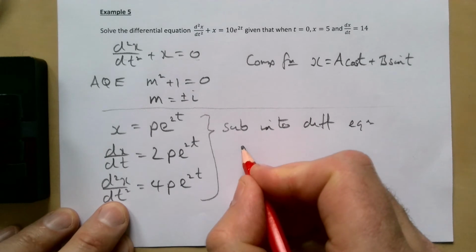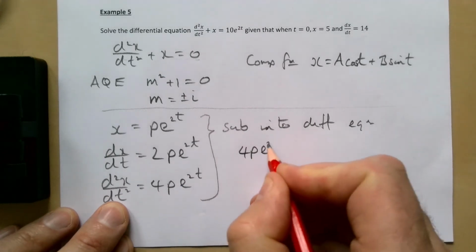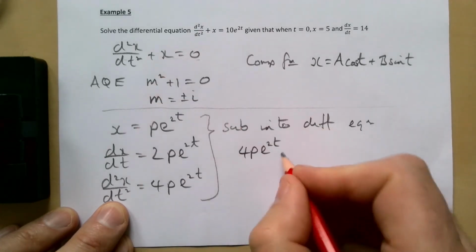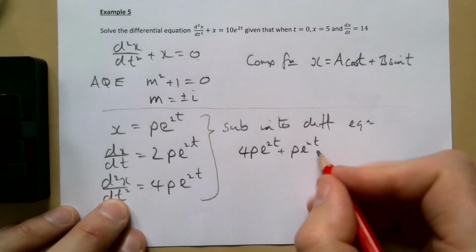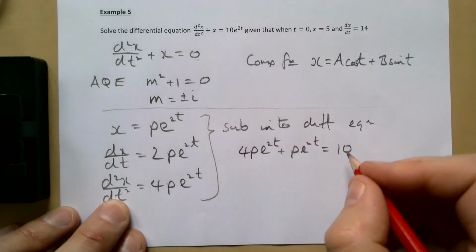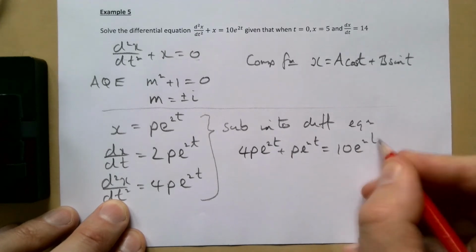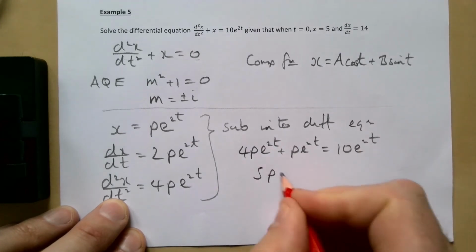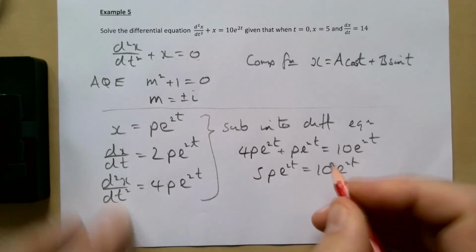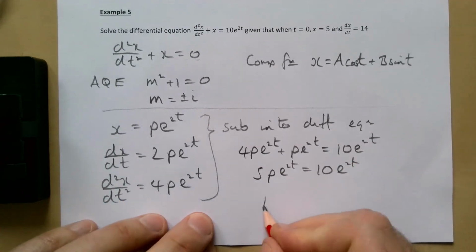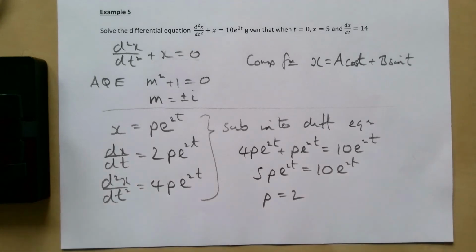So we're going to have 4pe to the 2t plus pe to the 2t equals 10e to the 2t. That gives me 5pe to the 2t equals 10e to the 2t, and gives me a value of p equals 2.